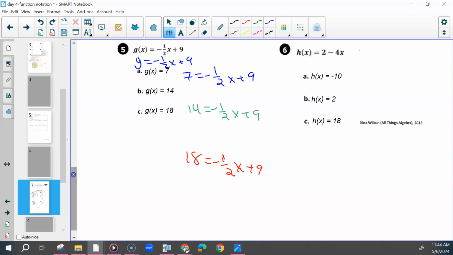You can either solve each one, put this in the calculator, and find each y value, or put it in Desmos and start finding each y value.